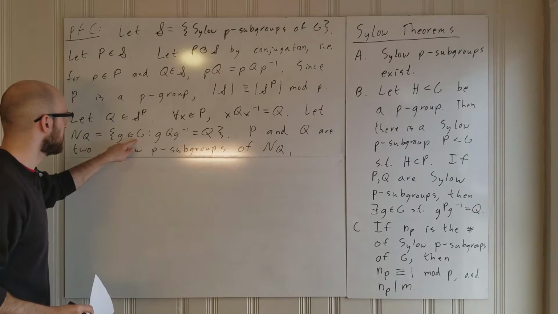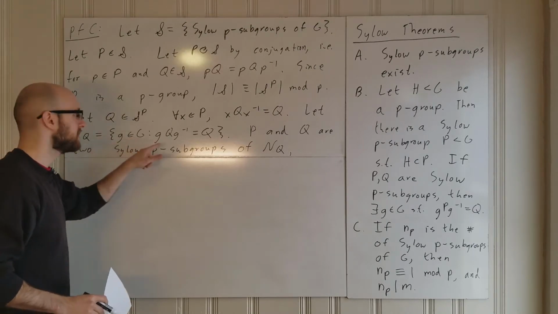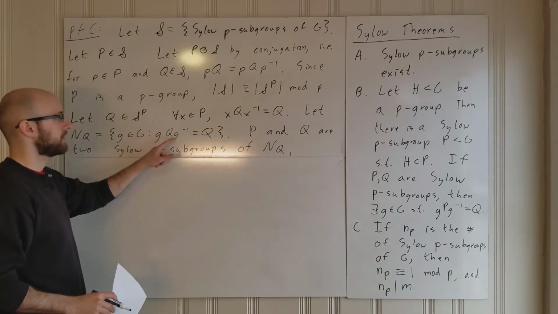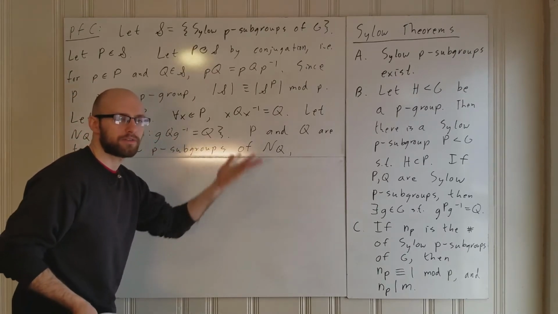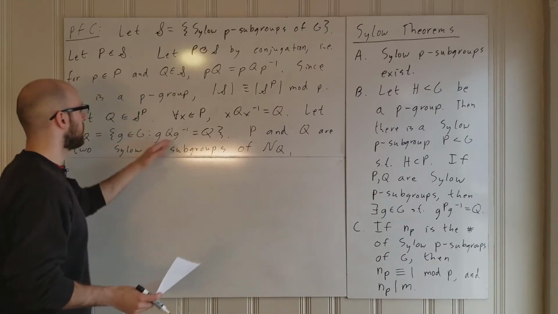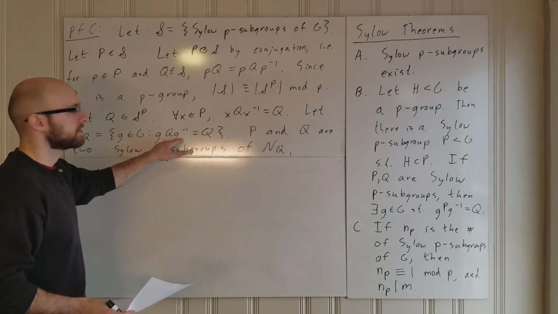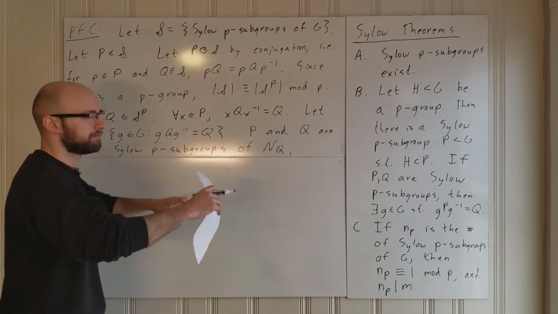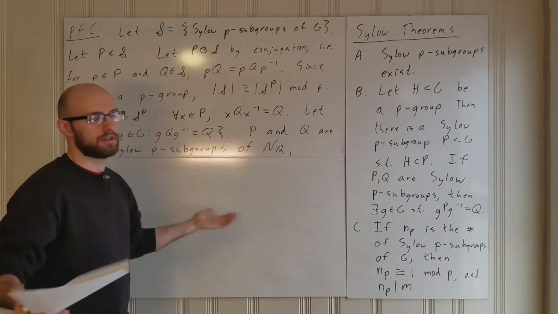If you have anything in Q, then little q times big Q times little q inverse is obviously you're multiplying three things in Q together, so that's going to be contained in Q. And of course, G Q G inverse is going to have the same size as Q, and so therefore you have containment in both directions, and so it works out.